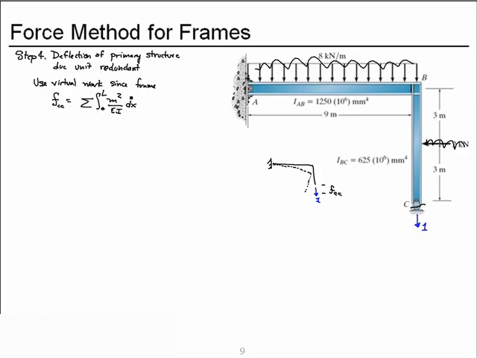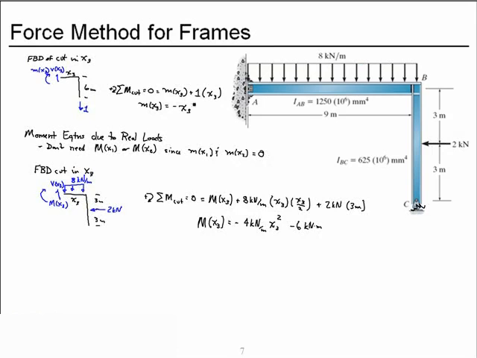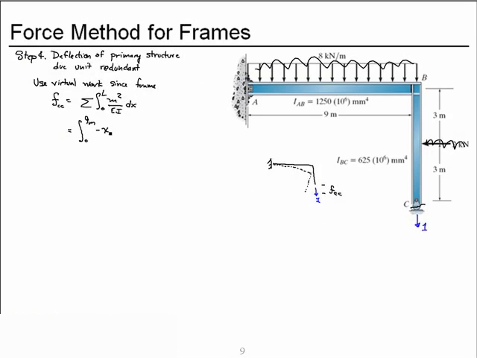And remember, little m in the range of x1 and little m in the range of x2 were both 0. So again, it's only in the range of x3, so we integrate from 0 to 9 meters. Little m we had found was minus x3, so we'll take that minus x3, square it, divide by EI for member AB, and integrate with respect to x3.